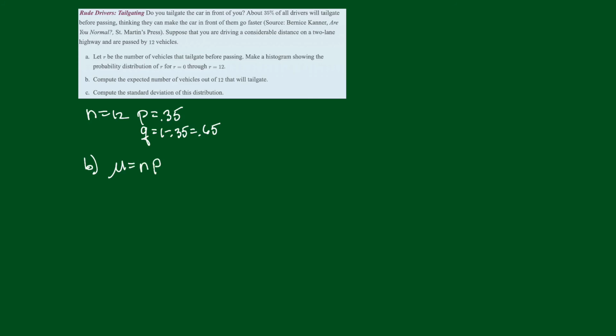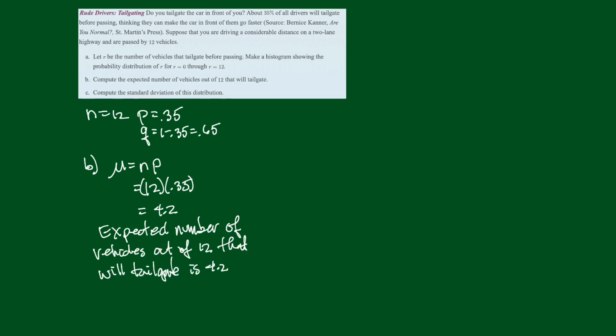Mu is n times P. So the expected number is n, which is 12, times P, which is 0.35, and I got that to be 4.2. So we're saying the expected number of vehicles out of 12 that will tailgate is 4.2.